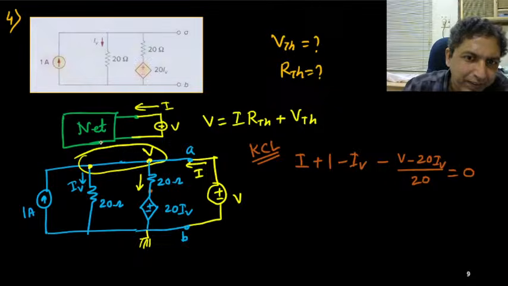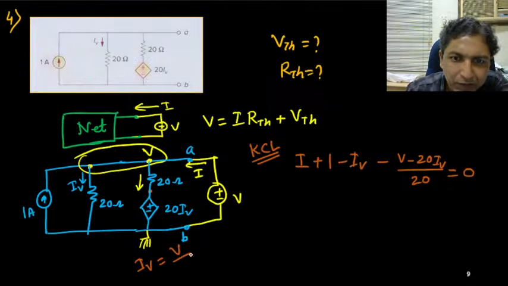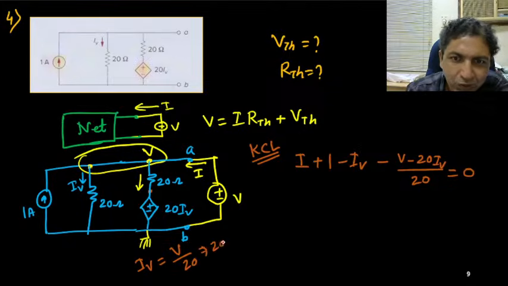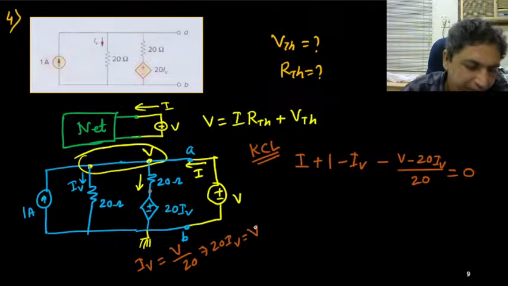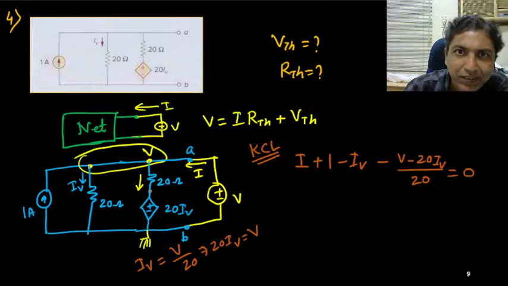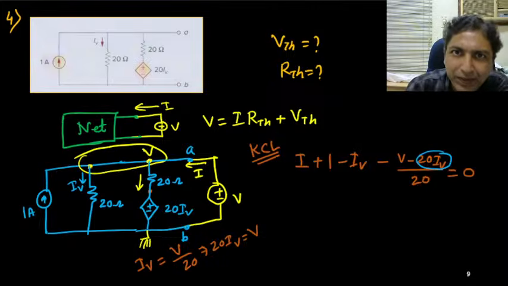Now what is IV? IV is also V upon 20. So you can see that what is IV? IV is simply V upon 20. So that implies 20 IV equals to capital V. Is it okay? So if you plug in there, now you can see that this 20 IV, this one is nothing but V. So what is happening?